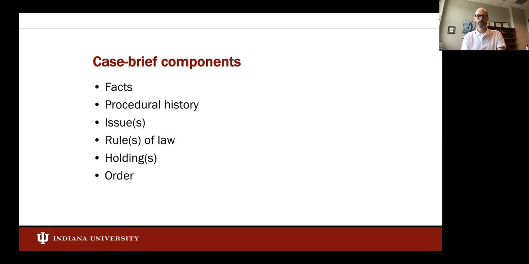So for example, if you're reading an appellate court decision, the appellate court might agree with the trial court's decision and thus affirm the trial court's decision. It might disagree with the trial court's decision, so the appellate court might reverse the trial court's decision.